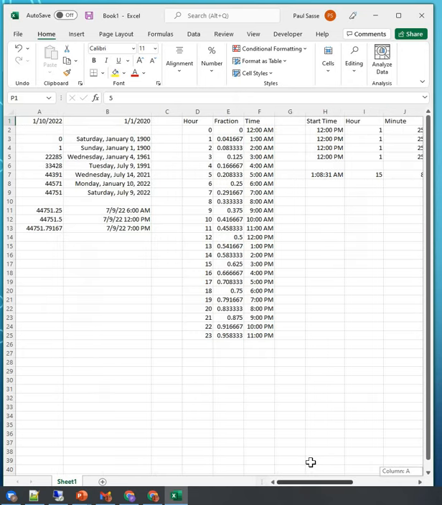So I hope that wasn't too much too fast. I was just trying to give you kind of a primer on what Excel is doing under the hood. Date is always an integer, number of days since January 0, 1900. Time is always the fractional amount of a day that has passed since midnight.